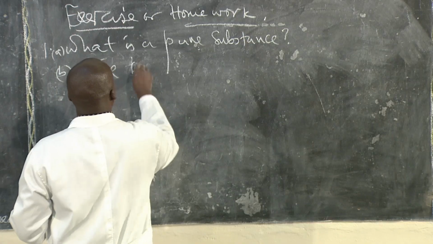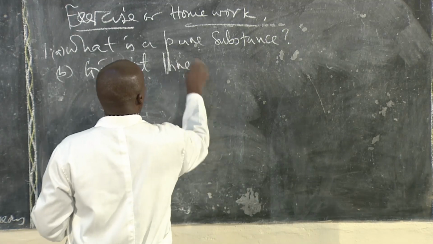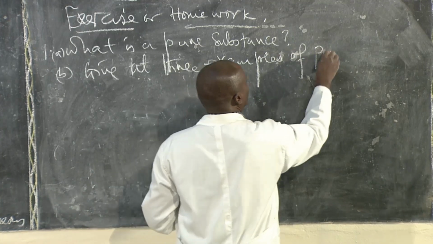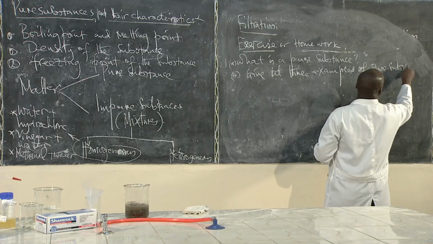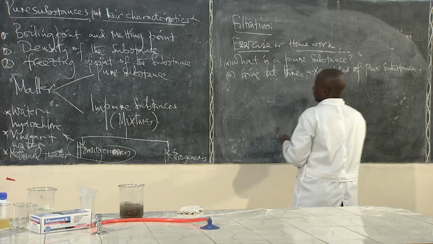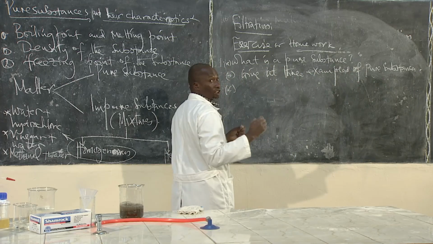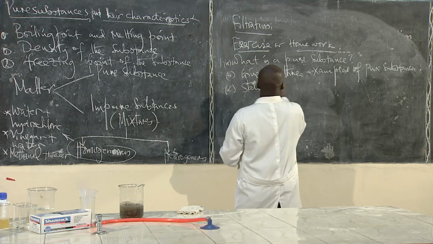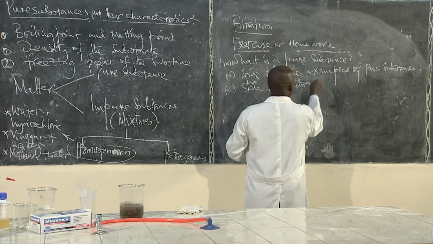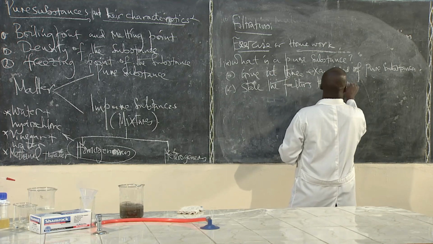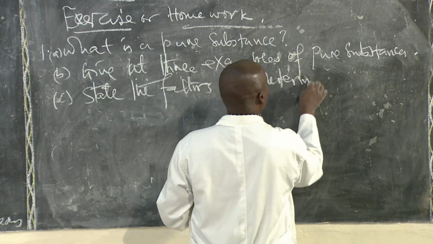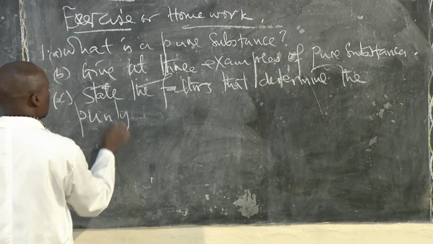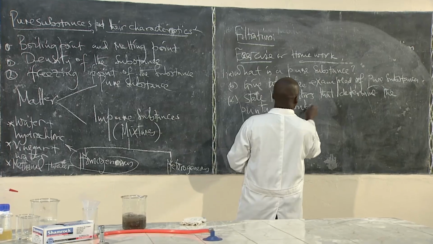So you give at least 3 examples of pure substances. And you have to state the factors that determine the purity of substances.